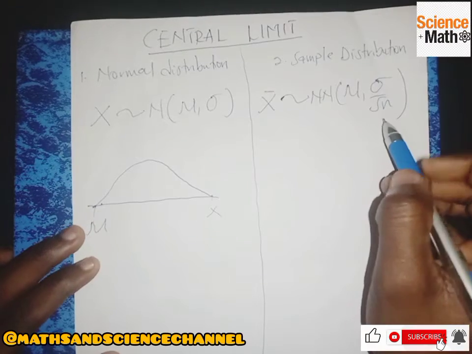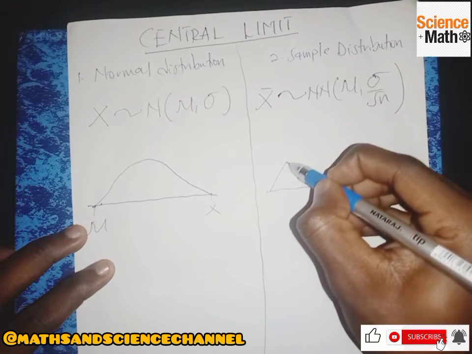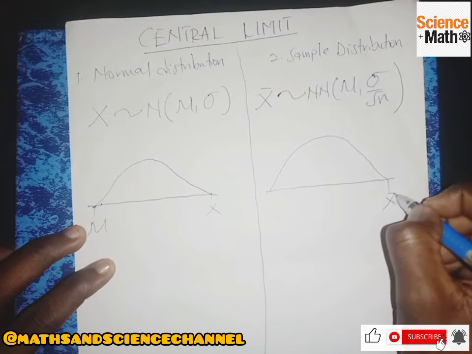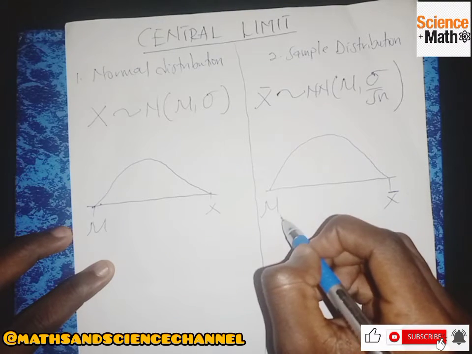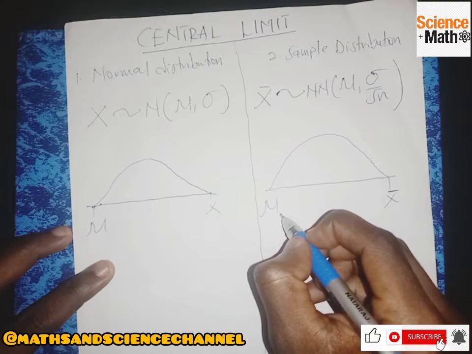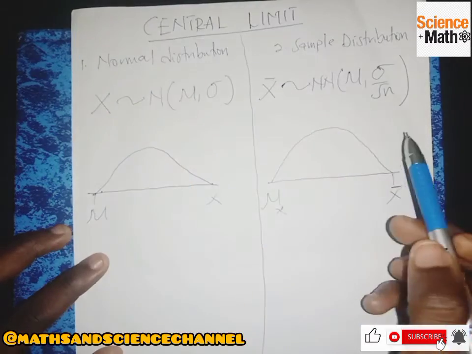So that is the difference between them. And then when we sketch this, over here we have the sample mean, and also we have the mu here. But in this case, the mu is with respect to the sample mean. So that is the difference between them.